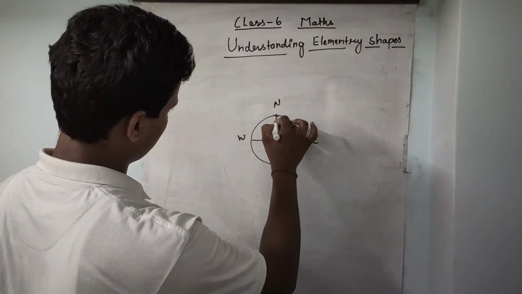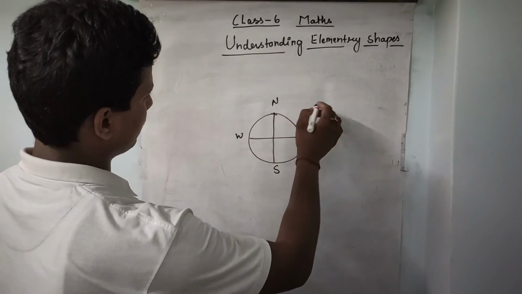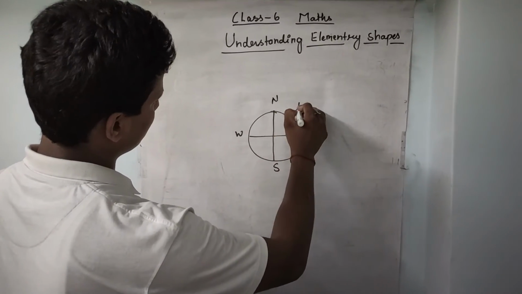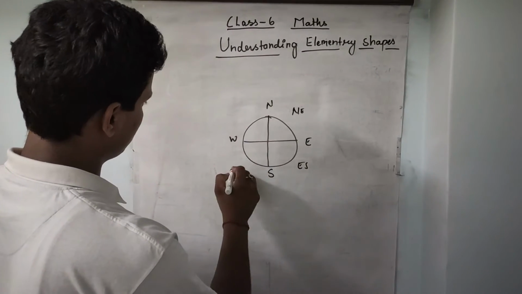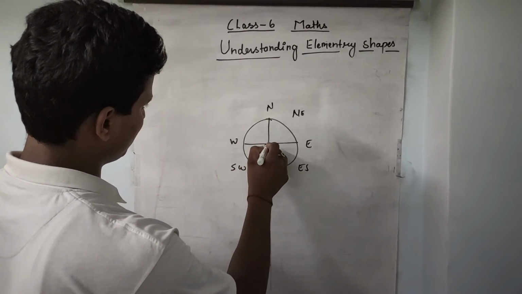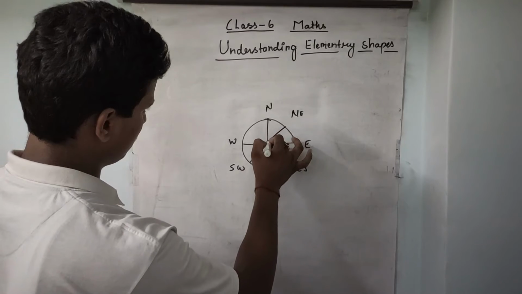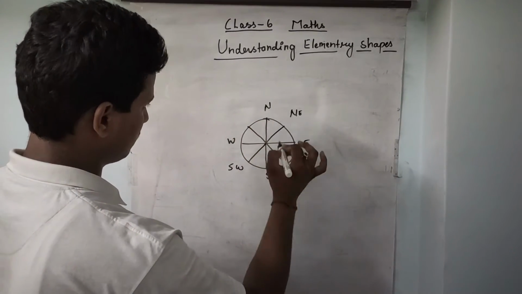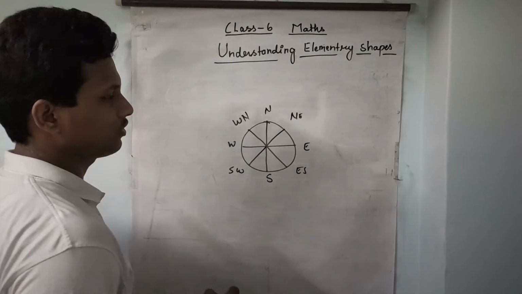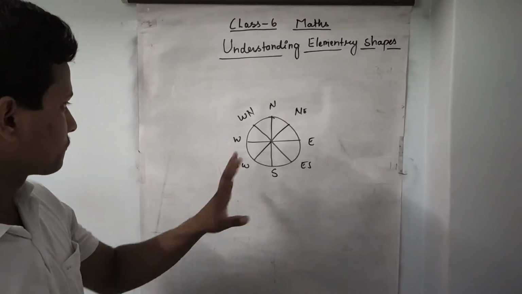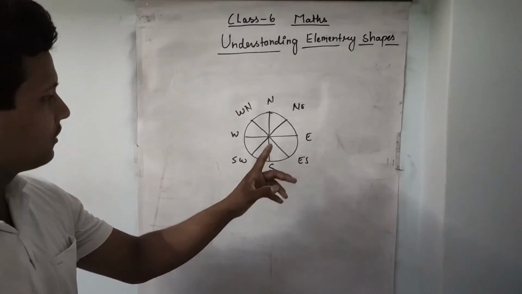In between north and east is northeast, and similarly southeast, southwest, and northwest, which are 45 degrees.